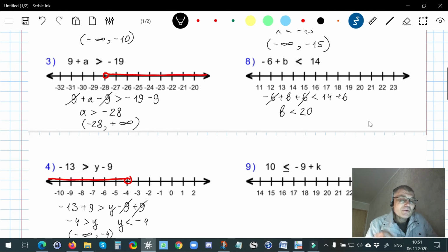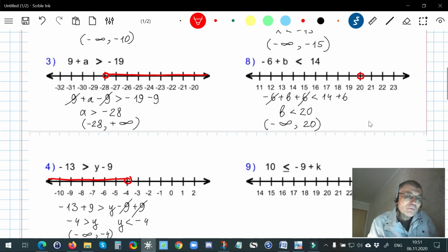That's set building notation. Interval notation gives us from negative infinity to 20, not included, open interval, which means that I have to draw a circle around 20 and graph it like this.